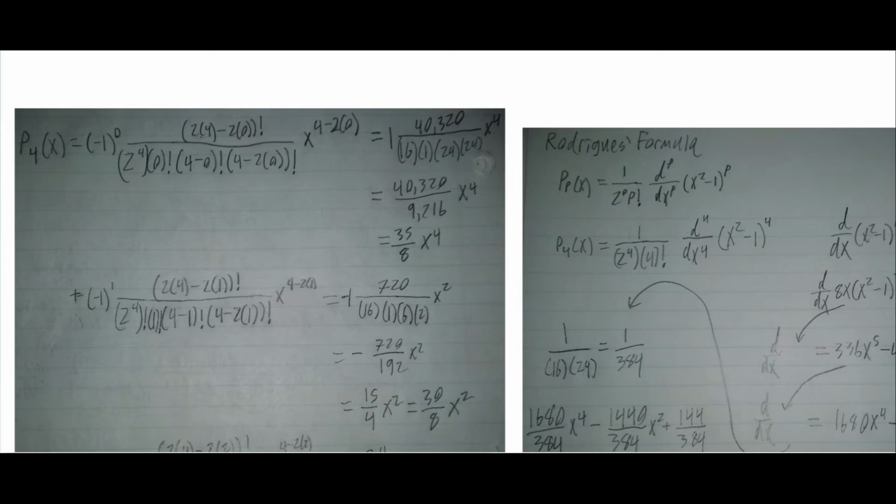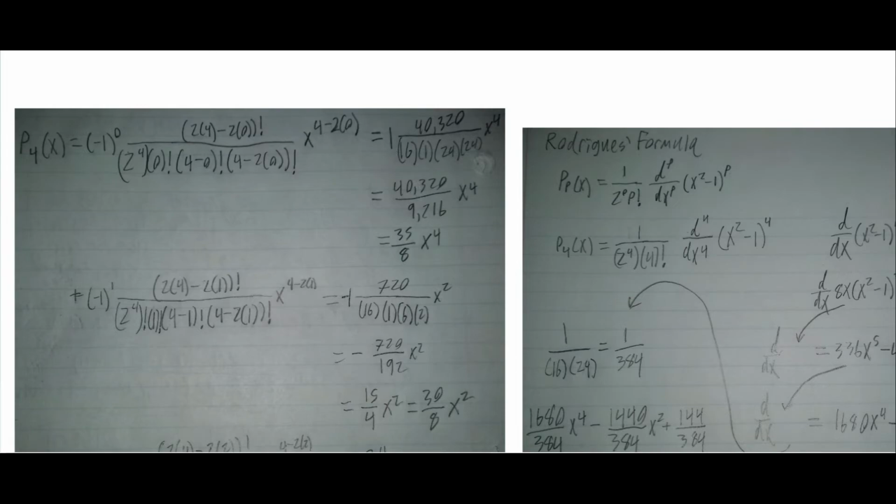Then up here, 2 times 4 minus 0, which is 8 factorial, is 40,320. This minus 1 to the 0 was just 1. And x to the 4 minus 2 times 0, which is just 0, 4 minus 0 is x to the 4th.